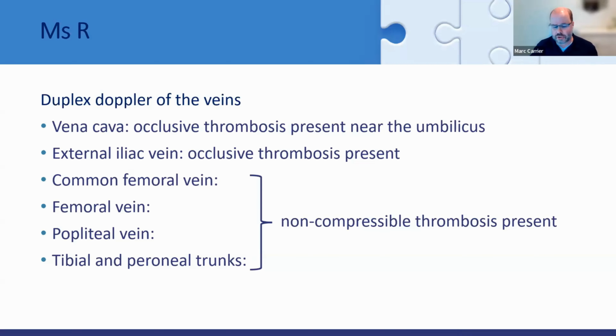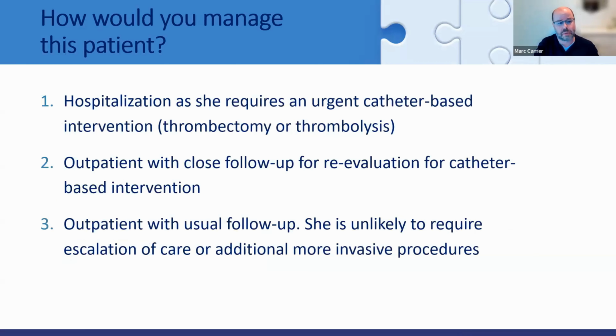So just to open up to the different panelists, we'll start with the first question. And I want the audience to also think what they would do in that particular scenario, because there's a number of different things you can do, and that could depend on the access and resources you have available. Are you going to start right away with hospitalization and consider urgent catheter-based intervention, thrombolysis, or thrombectomy?